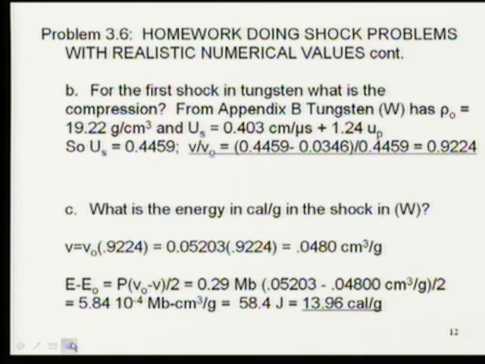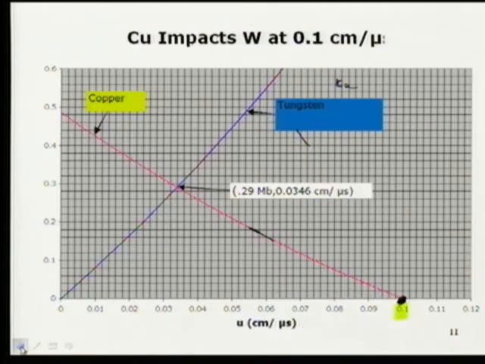Then it asked, for the first shock in tungsten, what's the compression? Well, again, you go to Appendix B, and you get the linear Us-Up expression for tungsten, and that with the density. And if you just want to know what the shock wave is, you discovered that this is the particle velocity in tungsten behind the shock.